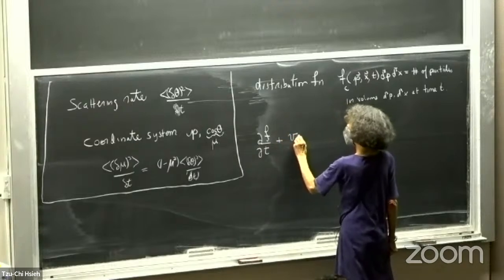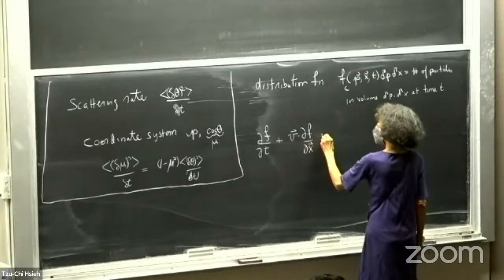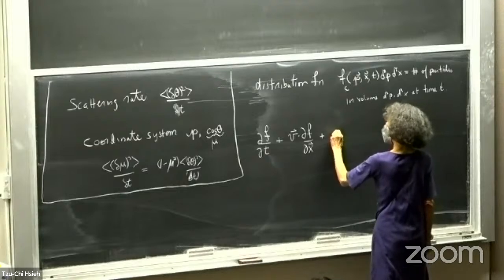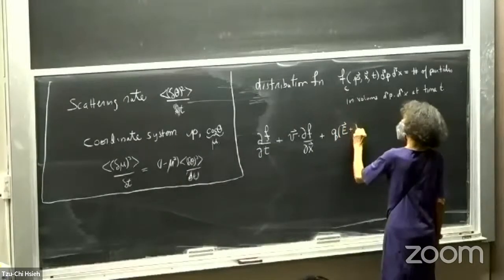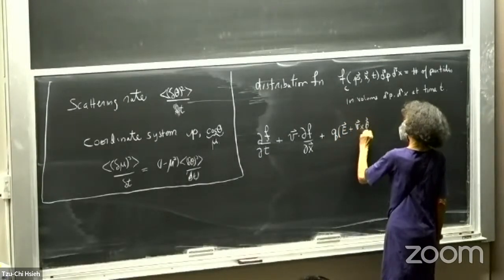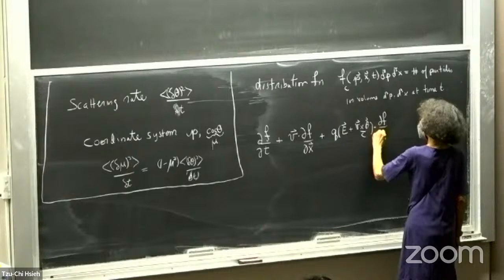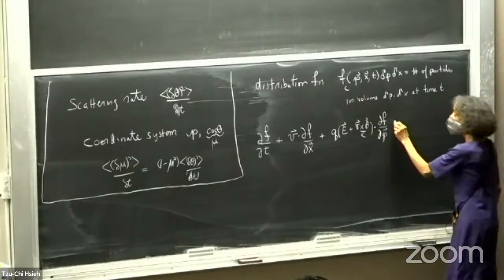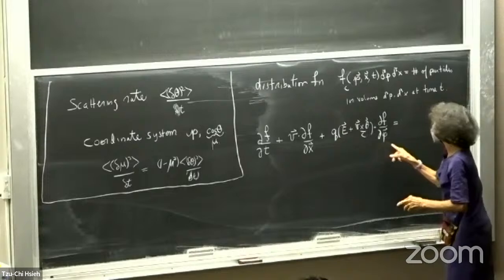Here's velocity dot df dx plus q (E plus V cross B over c) dot df dp. So this is the rate of change of f in x and p space.